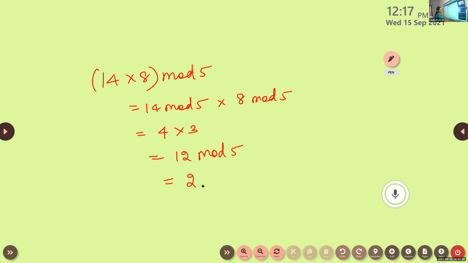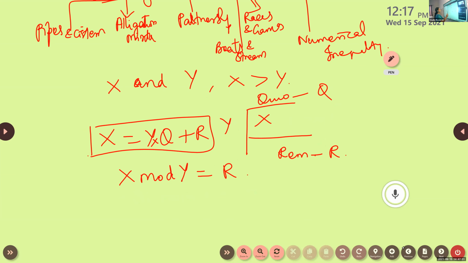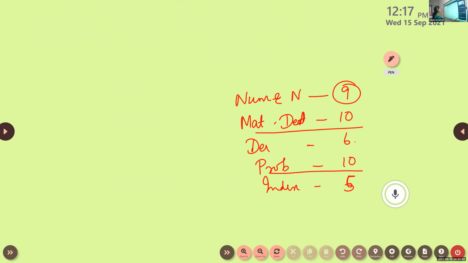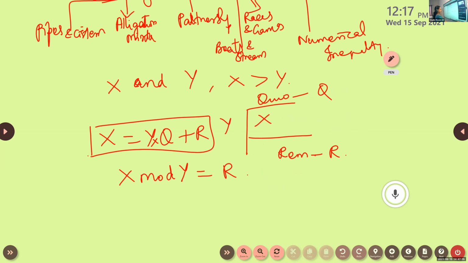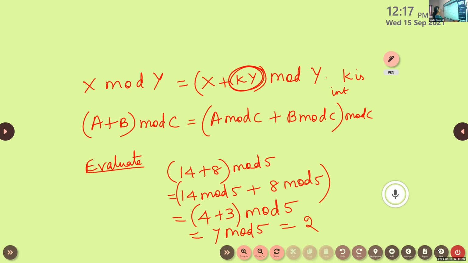Therefore, what is the property we have learned here? This is the first property we learned. Second one. So the third property is (a into b) mod c.